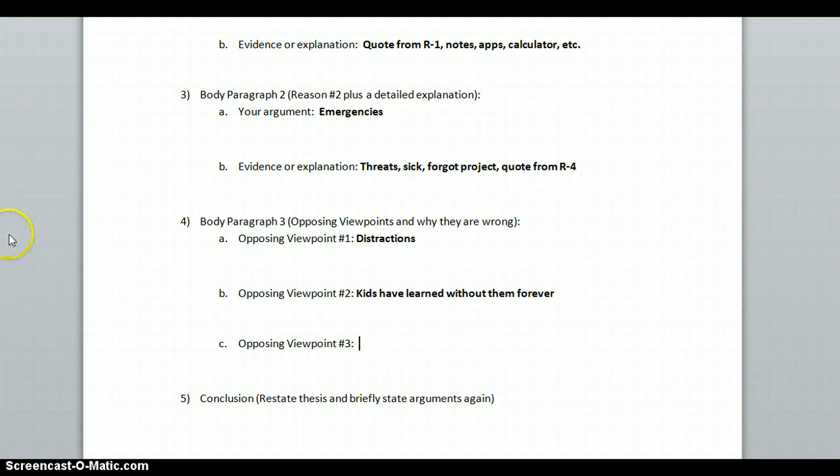Maybe my third opposing viewpoint is there can be inappropriate uses. Okay, that's all I'm going to write in here. Now in my paragraph, I'm going to write why they're wrong. Yeah, they can be distracting, but kids have learned without them forever, but inappropriate uses, but. And then in my conclusion, I'm simply going to rewrite my thesis statement.